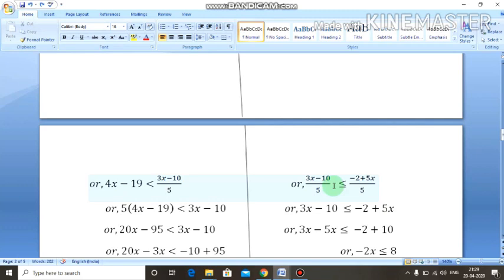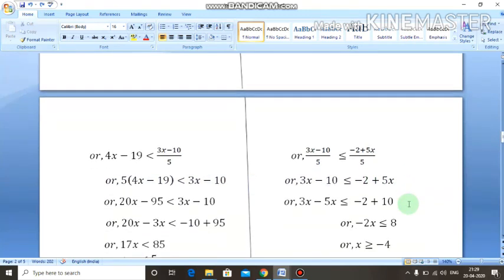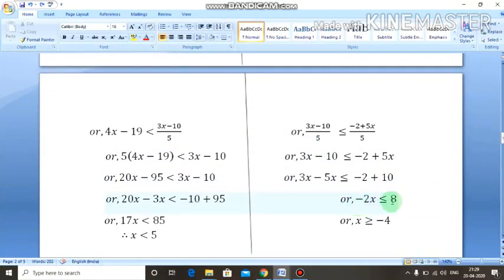If we multiply the left hand side by 5, then the 5 cancels out, and it will be 3x minus 10, and for the right hand side minus 2 plus 5x. Now consider all the x terms on one side, then 3x minus 5x less or equals to, consider the numbers on the other side, so minus 2 was there and minus 10 on the left hand side, so this will be plus 10. So after simplifying, minus 2x less or equals to 8.